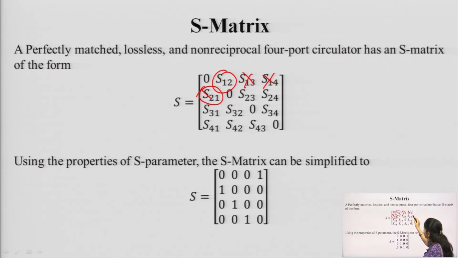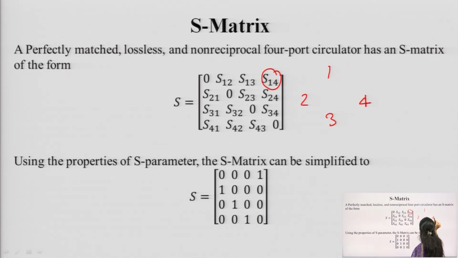So, in this case, let us see ports 1, 2, 3 and 4. This element will exist because the path 2 to 1 is possible, but 1 to 4 is not possible, so this will be 0.